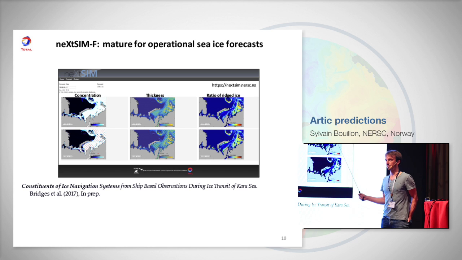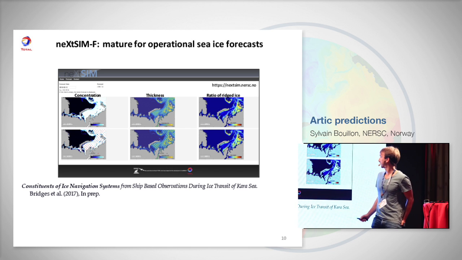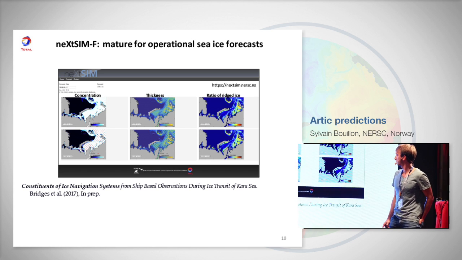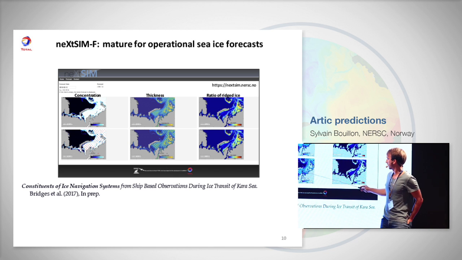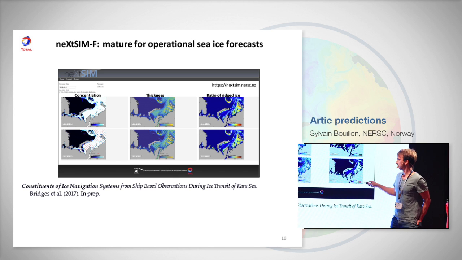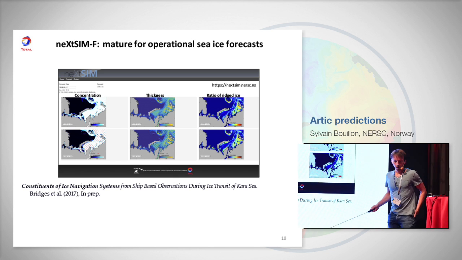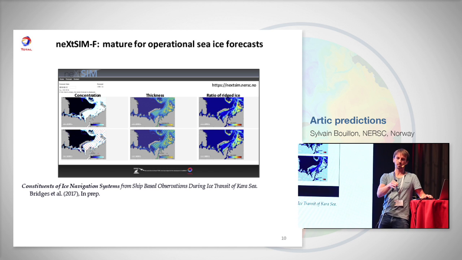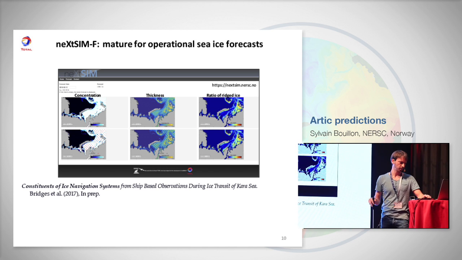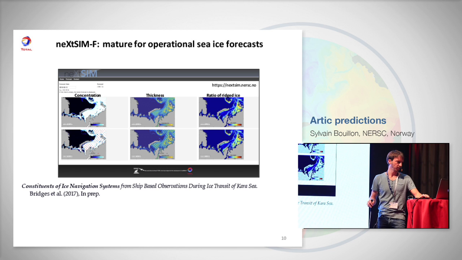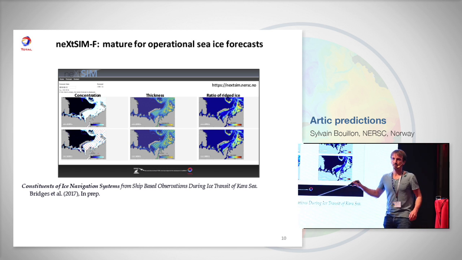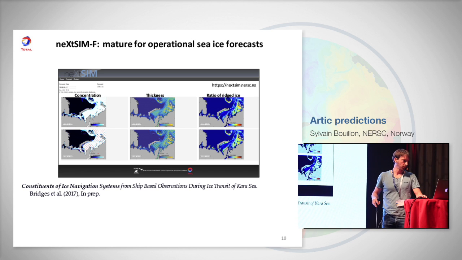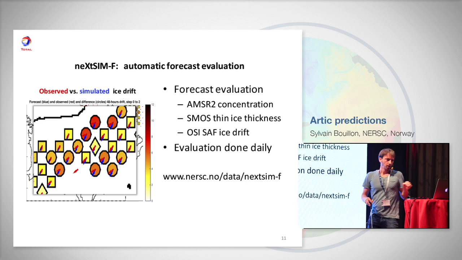So what is the percentage of ice that is ridged? This is very important for shipping. And then we also provide the drift. The data were also available on FTP servers and on a data system. So they were actually using the data for planning, and they were quite happy with that.